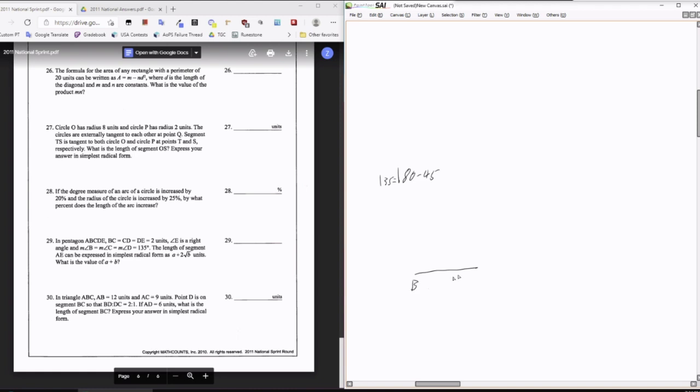So put B here, C here, and then D over there. B would be basically just like this and this. C will be like this, and D will be here. BC equals CD, so we're going to extend this.